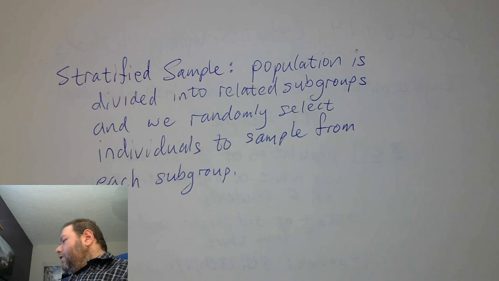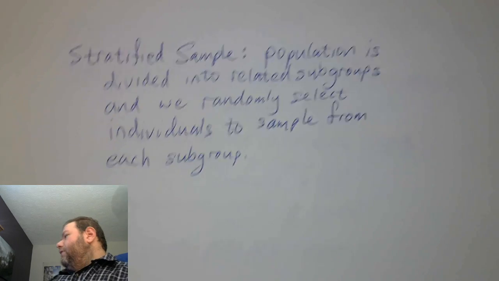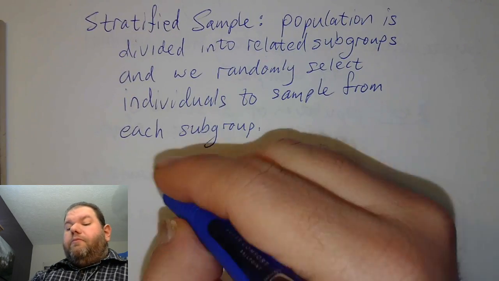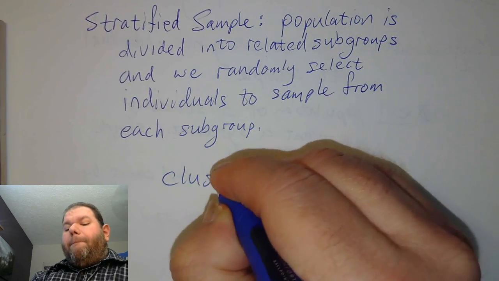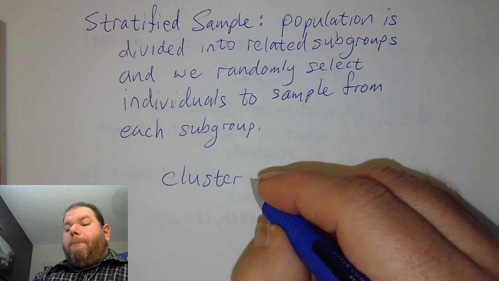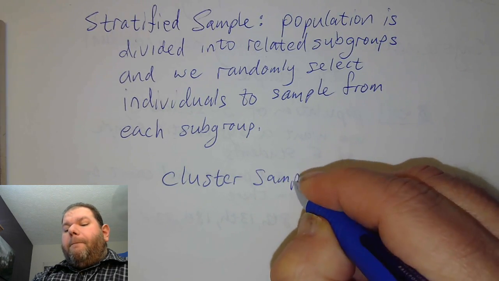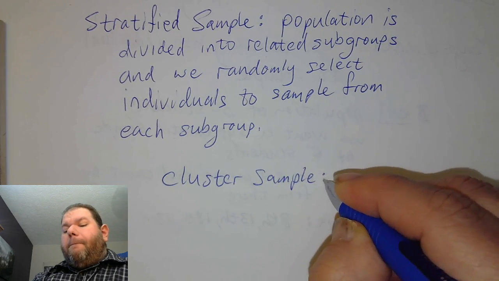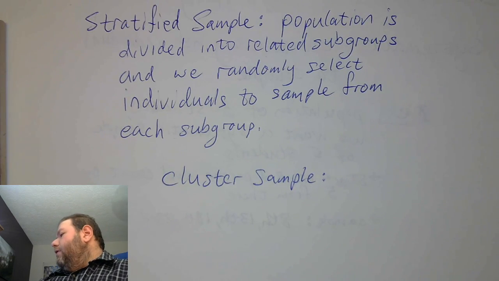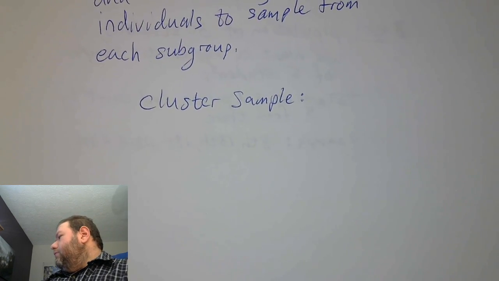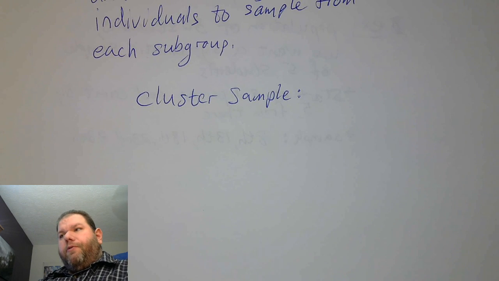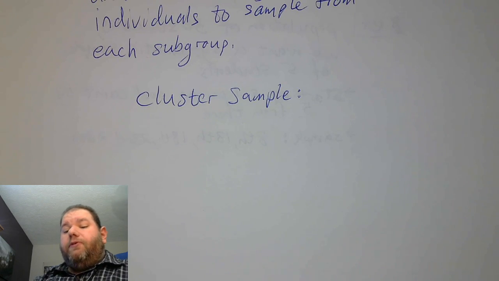Next we have cluster samples. So a cluster sample, we again start off by breaking up the population into related subgroups.